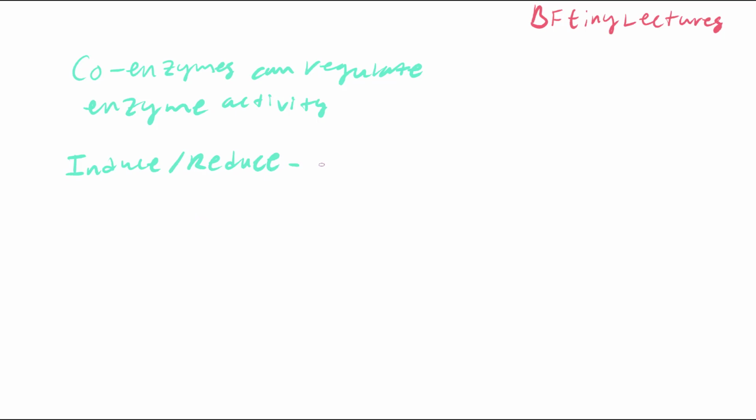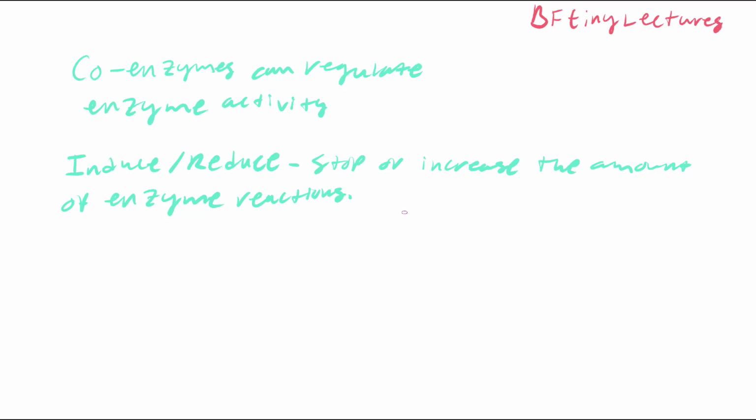So we can actually stop or increase the amount of enzyme reactions. Okay, and we can also move around enzymes to different cells. Can move enzymes to different cells. Okay, so that's pretty cool.